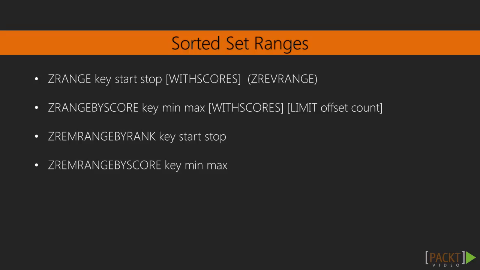Likewise, zrangebyscore and zrevrangebyscore allow you to do range queries by score. And zremrangebyrank and zremrangebyscore enable you to remove a range of elements in a similar manner by rank or score.